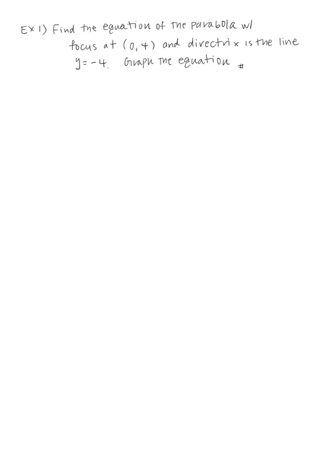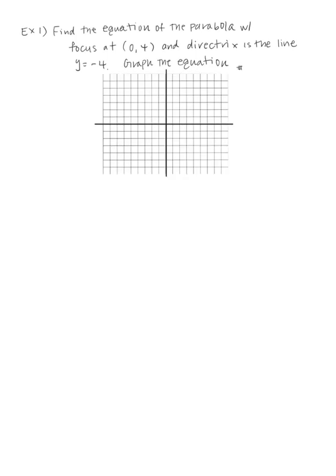Okay, so now I'm going to give you a little rough sketch here. The focus is at (0, 4), so 1, 2, 3, 4. Please always label your points. And then the directrix is the line y equals -4.